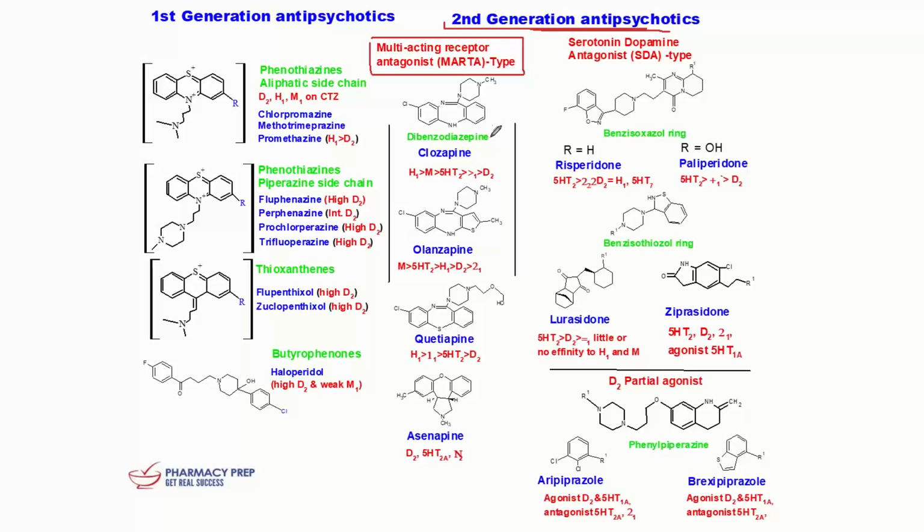The medications in this category include clozapine, olanzapine, quetiapine, and asenapine. All those names are easy to remember. They all end with the pines: zapine, apine.